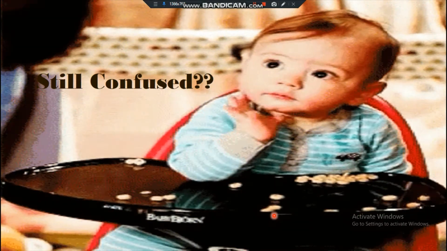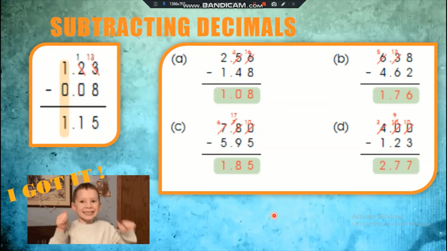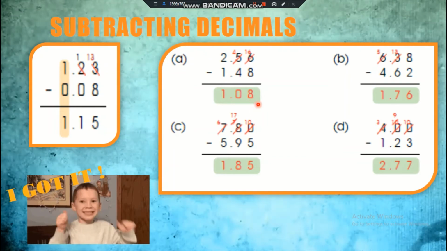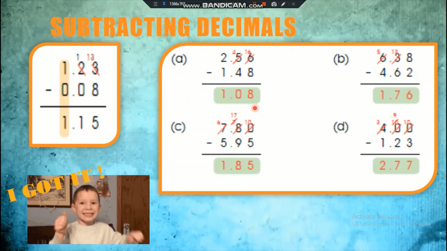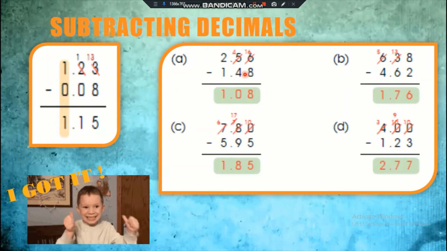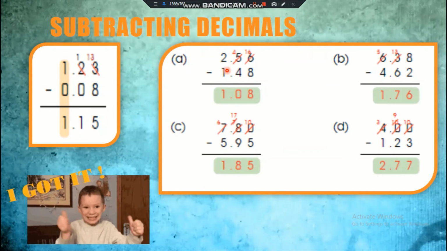Are you still confused? Let's see more examples. Did you observe these examples are a little different? But they are done with the same method. Obviously, we are finding the difference over here. So, let's see this example over here.